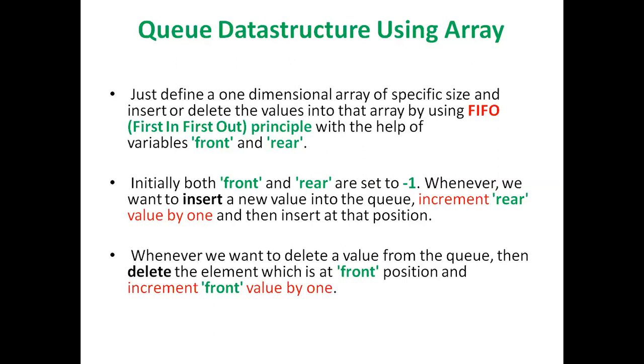Whenever you want to delete a value from the queue, then the deleted element is at the front position. Means if you want to delete an element from the queue, we are using the front variable. After deleting that element, the next element is the front element. So here also front is always incremented by 1.